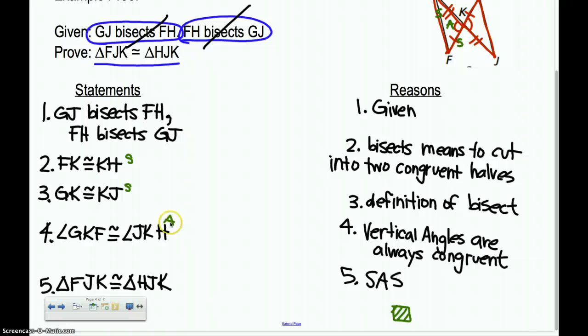Without this A here, if we would have just stopped here, we don't have enough information. We only have SS. That's not good enough. It takes three things. It takes that angle and the fact that it's included to help us get where we want to go. Okay, so there's side, angle, side.